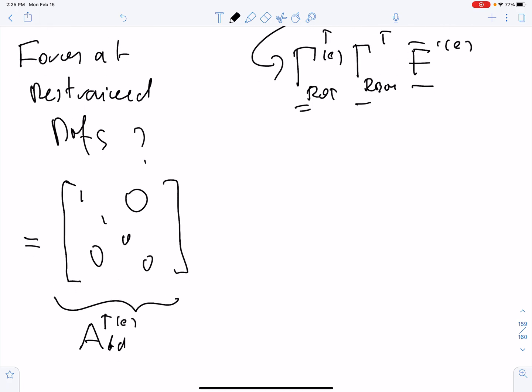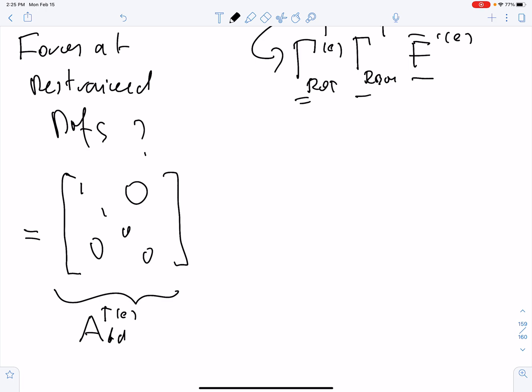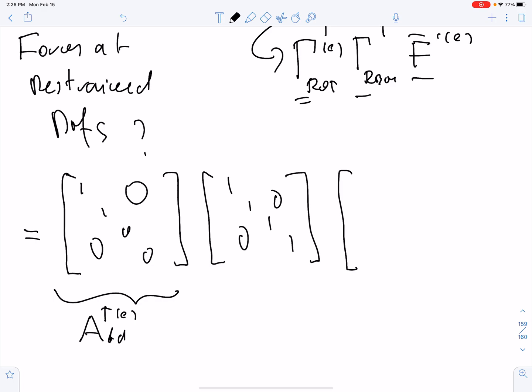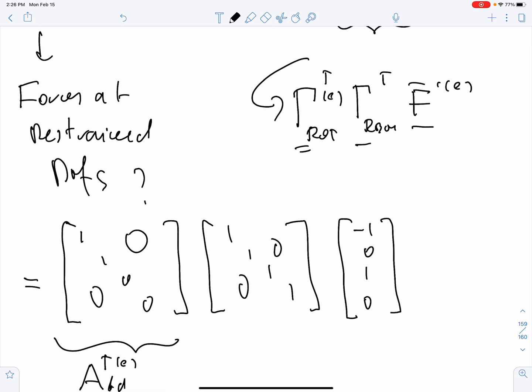Gamma ROT for the first element was just an identity, 1, 1, 1, 1, 0, 0 here. Gamma RBM transpose is minus 1, 0, 1, 0. And this whole thing multiplied the basic force for the first element, which was plus 12.